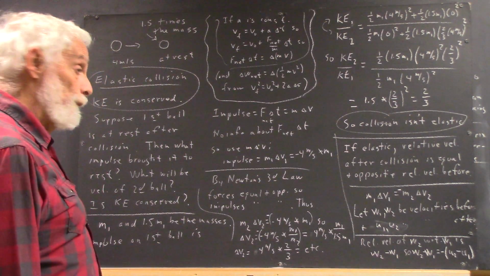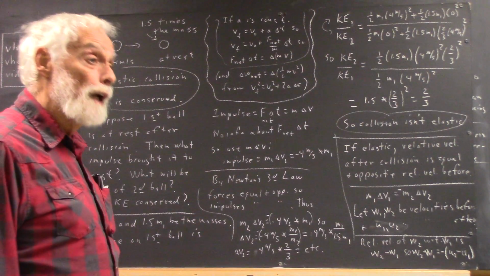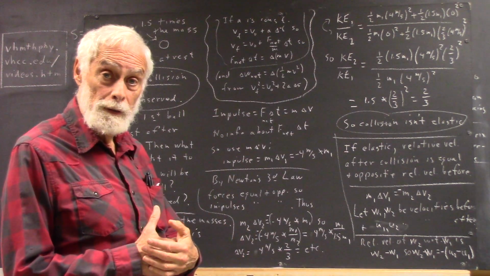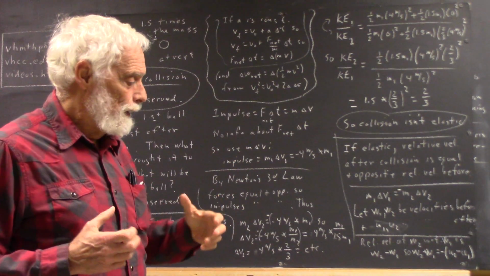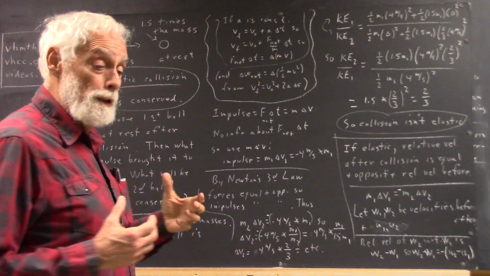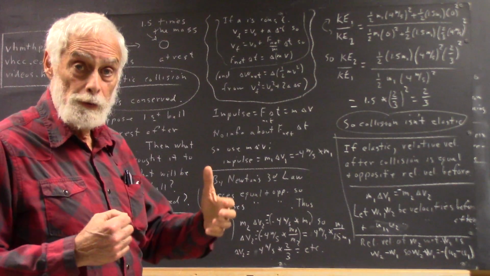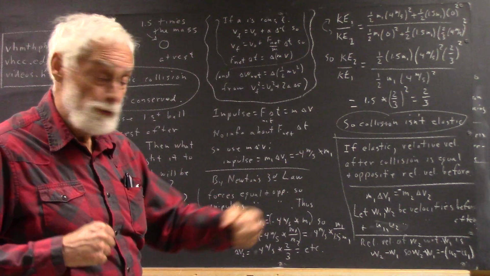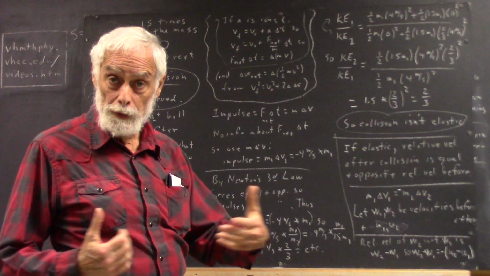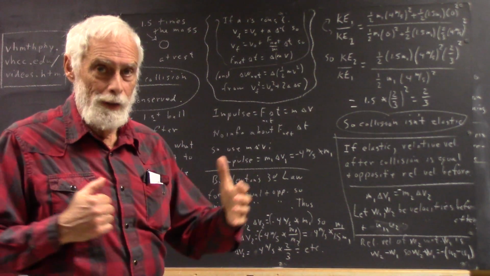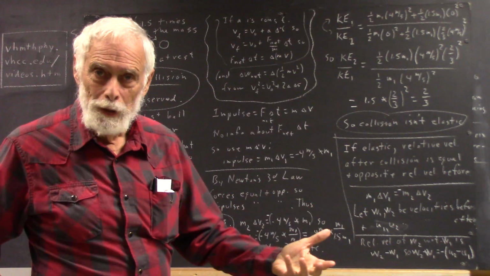Well, the impulse on the second ball has to be equal and opposite to the impulse on the first ball, under our assumption that the only forces involved, the net forces, are the interaction forces between the two balls. Newton's third law says that those forces are equal and opposite, and certainly they act for the same duration of time.